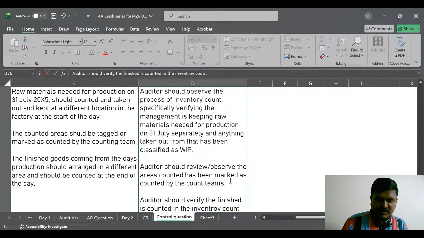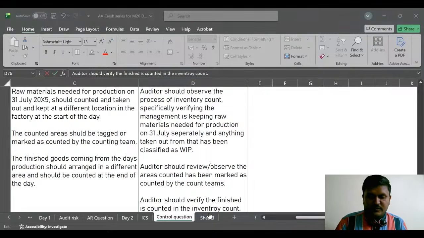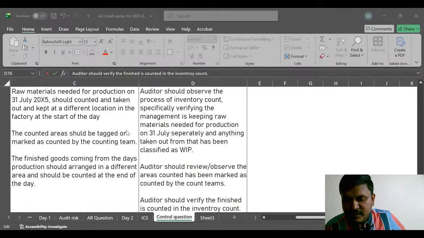So you can mention it is counted, or you can see that it's being kept over there. Any one of these two is needed, but to be safe you can write both as well. So you'll be getting marks for that particular thing over there. This is how you'll be considering.